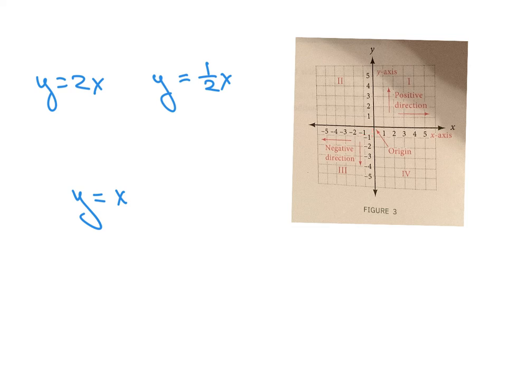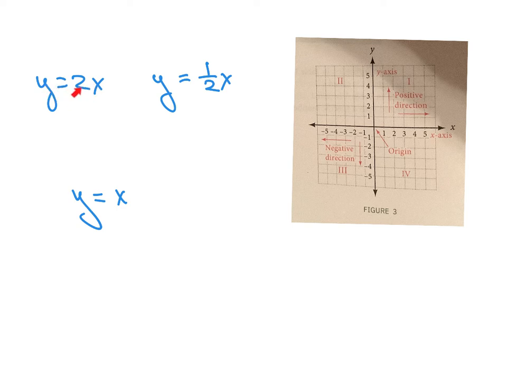So it will be at different angles. So one may go one like this, one may go like this, one may go like this, but they all go through the origin.